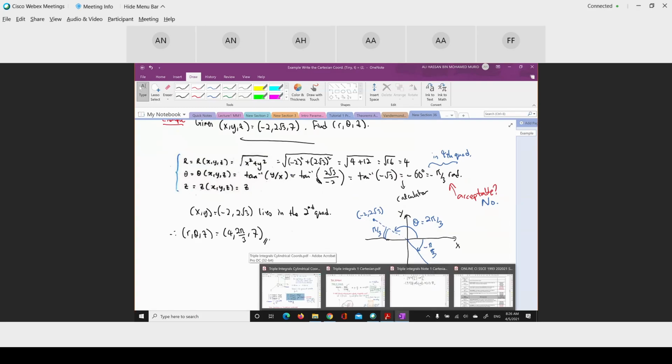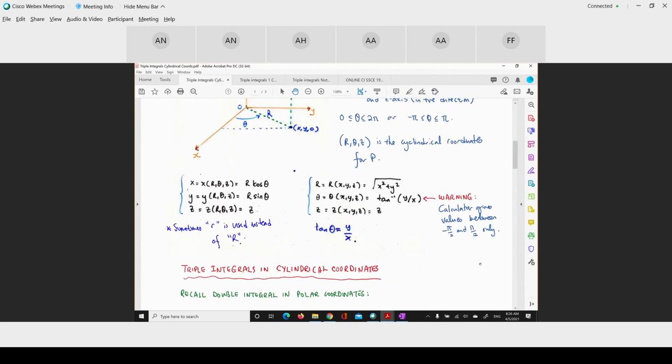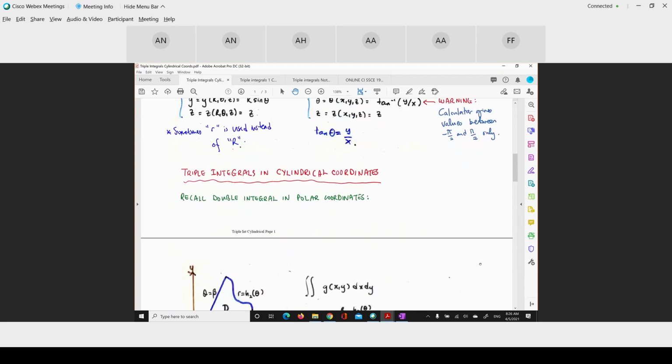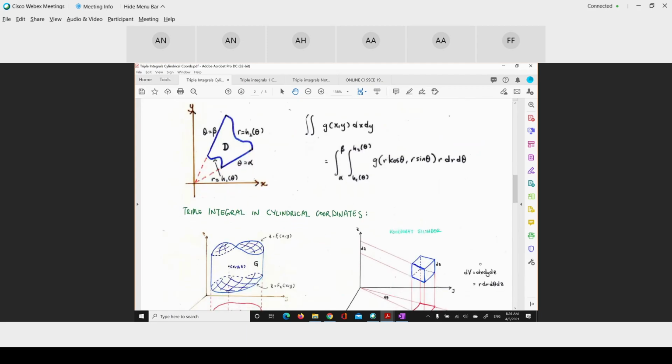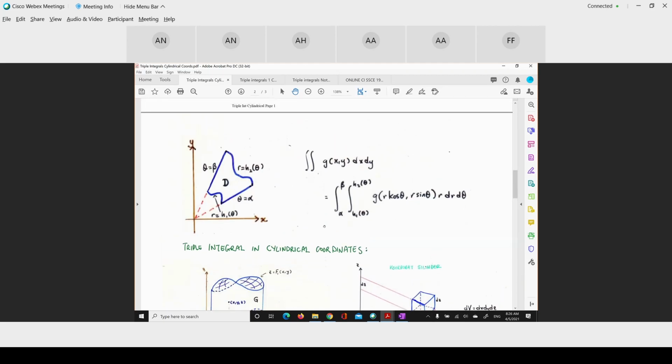Now that we have a new coordinate system called the cylindrical coordinate, how do we express a triple integral from Cartesian to cylindrical? Recall this double integral in terms of polar coordinate.